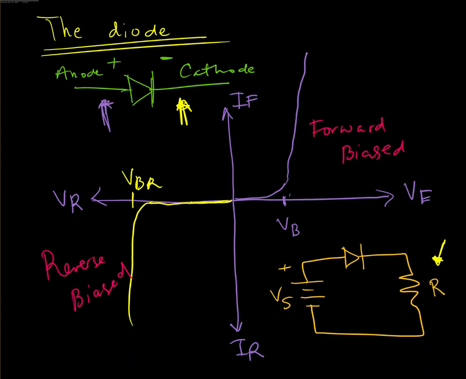And you're going to calculate the current through the diode, because if you know the voltage across the resistor, you can find the current through the resistor, and that's the same current that's through the diode. So eventually, as you change the resistor, you'll have in your table several different values for VD and ID.